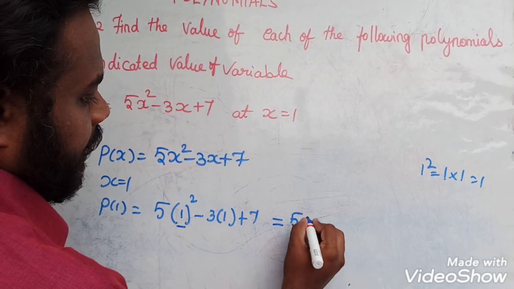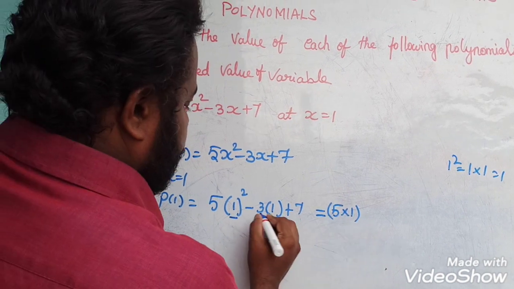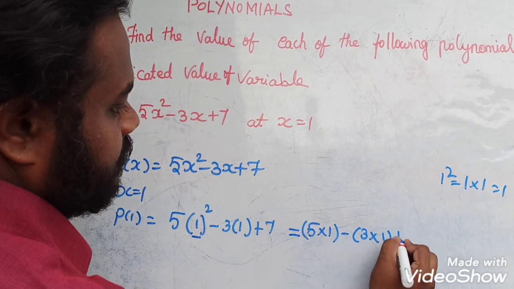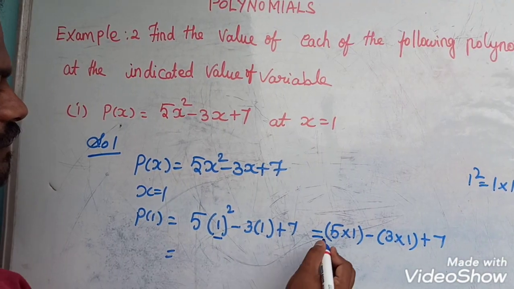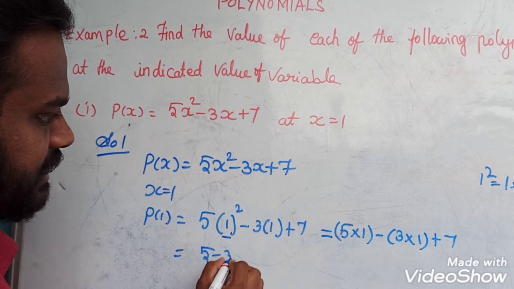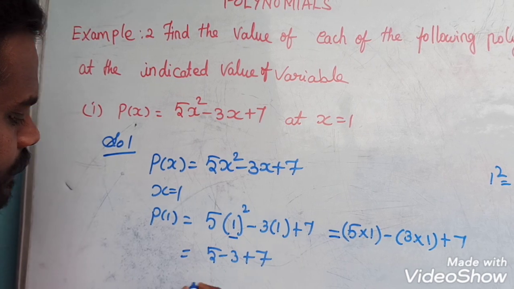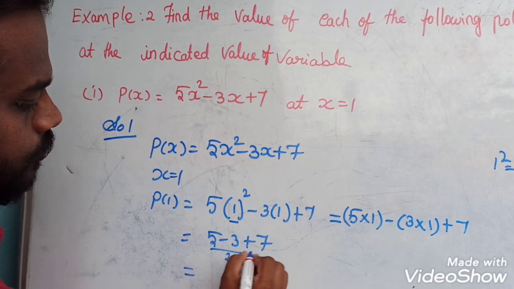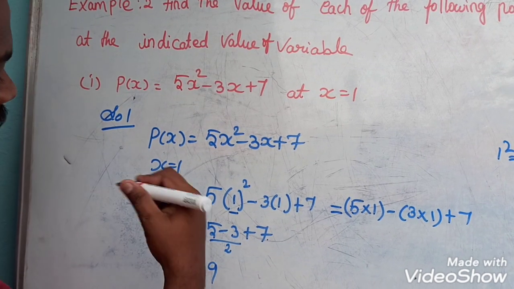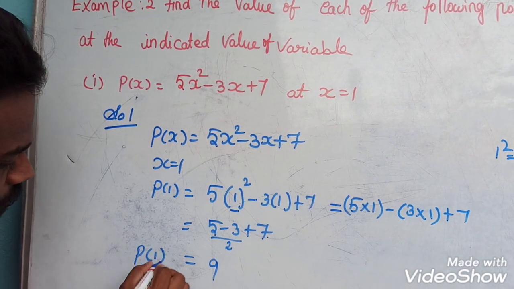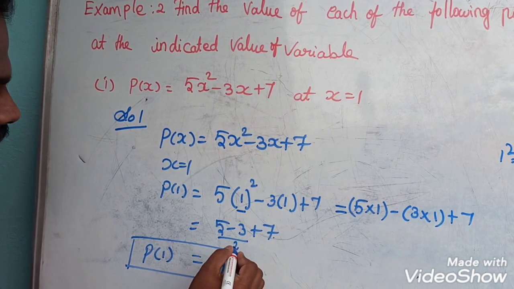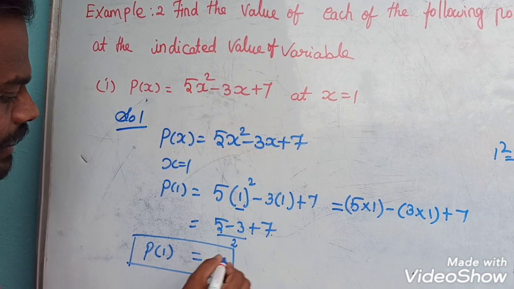So 5 into 1, minus 3 into 1, plus 7. So 5 ones are 5, minus 3 plus 7, which is equal to 5 minus 3, we get 2, 2 plus 7 we get 9. So the value of p of 1 is equal to 9.